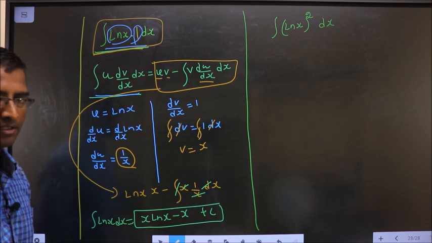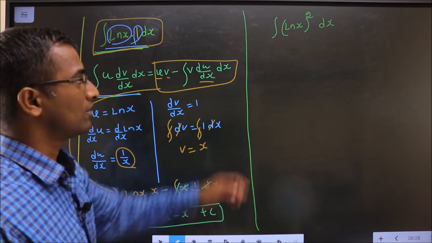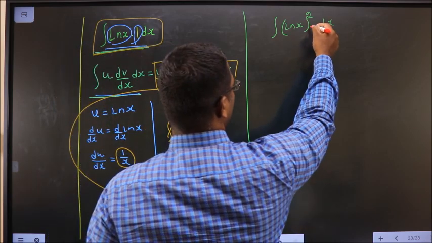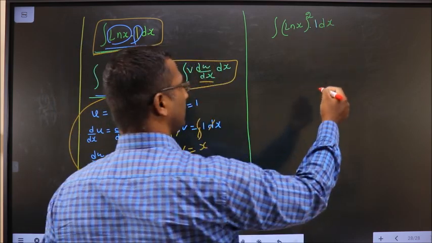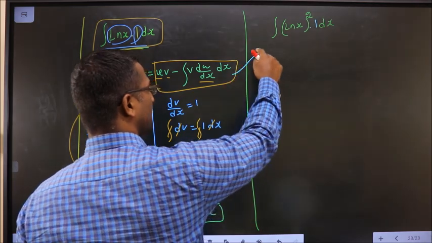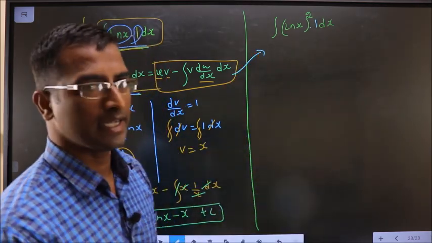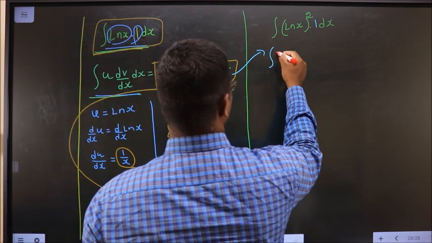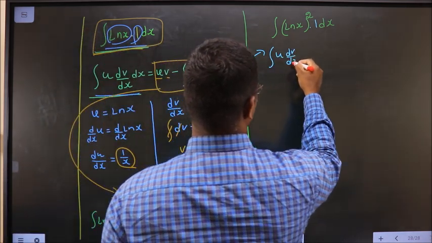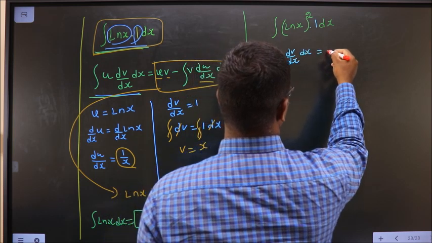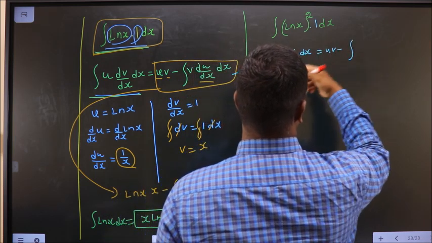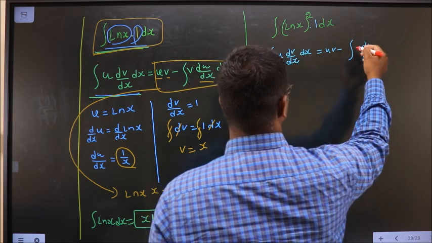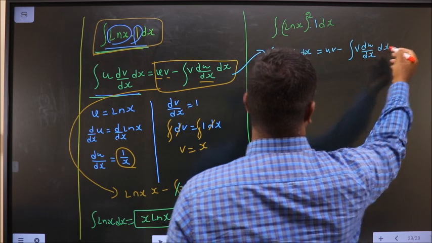Is it clear? Now see here. Here also I do the same thing. I assume it to be into 1. After that, I will use the integration by parts formula to integrate this one. Clear? So it is again the same thing, integration of u dv by dx is equal to uv minus integration of, here it is u, here it is du by dx, here dv by dx, here it is v dx.